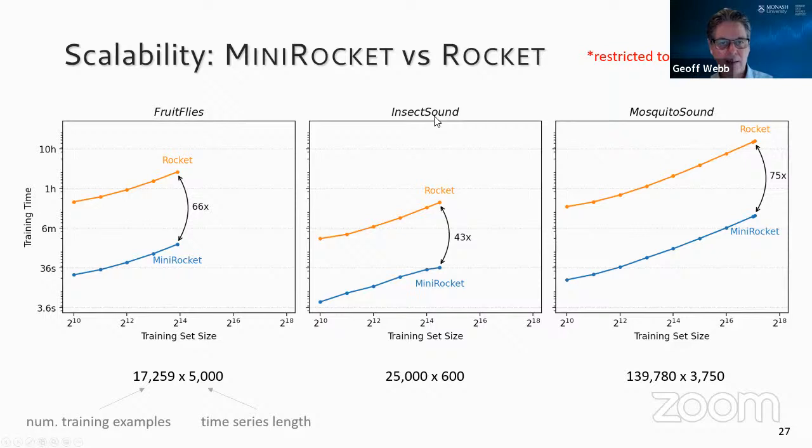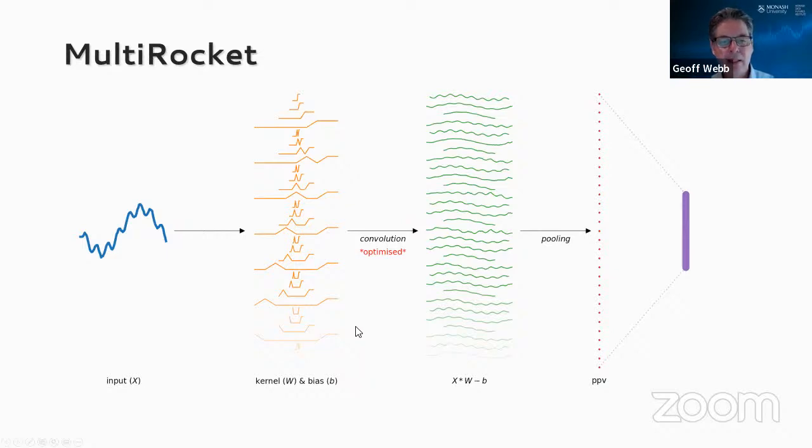But I think that Insect Sound is the smallest one, and Mosquito Sound is the largest one. So we can see that there are orders of magnitude improvements in training time.